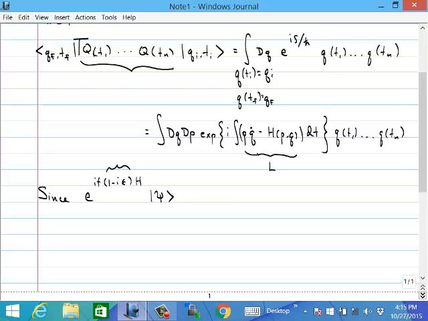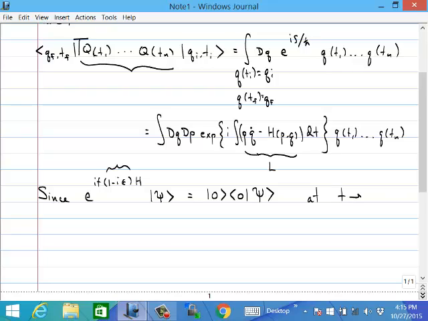So instead of acting with e to the iHt, we act with e to the iHt times 1 plus a small imaginary part, then at very late times, this has the effect of projecting the state onto the vacuum.